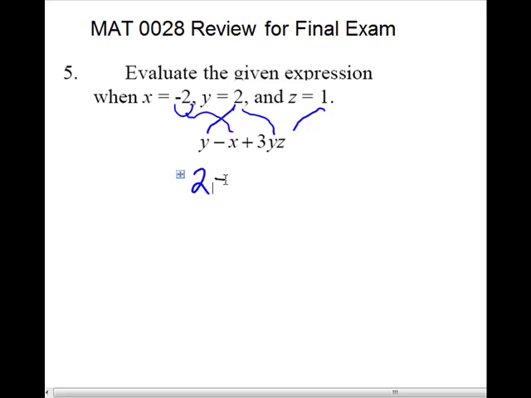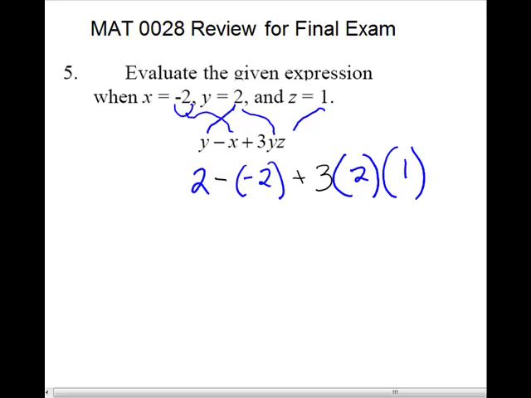Keep your minus. We're plugging in for x a negative 2. Don't lose a sign there. Plus 3 times y times z. Times y is 2 times z is 1.